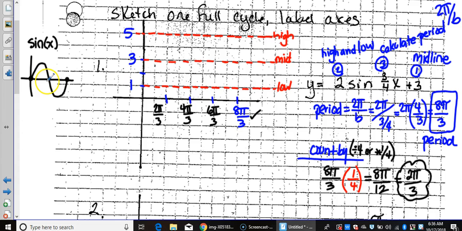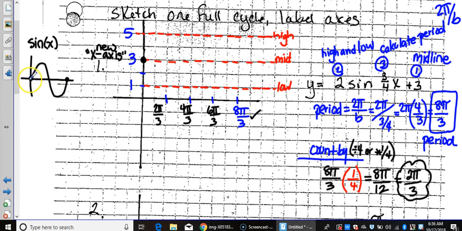Our x-axis has become the midline. So I'll even put a little note here in quotes. New x-axis is the midline. So sine will start on the midline, and then from here, it's easy sailing.